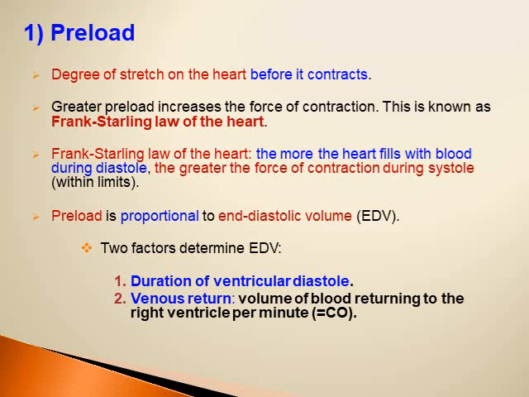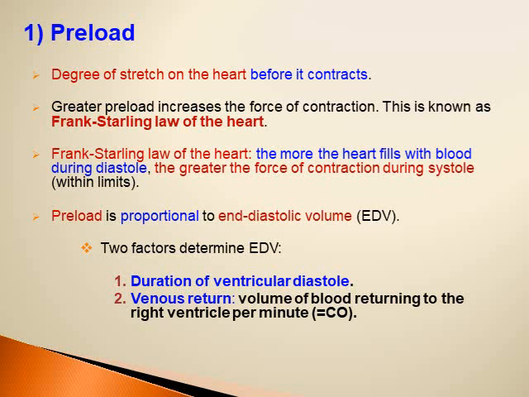So if we give longer time for the ventricles to relax, then the ventricles will fill with more blood. This will stretch the ventricular wall to a larger extent, and finally this will lead to stronger force of contraction.